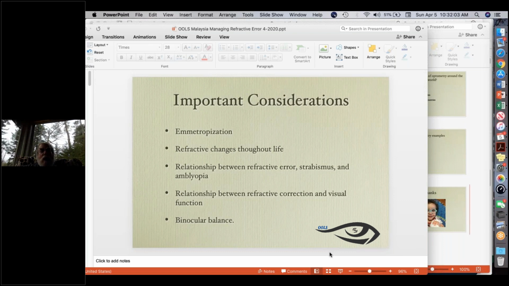It's not likely to go away. If you have high hyperopia at 3 years of age, you have a normal accommodative system, then it's more likely than not that the hyperopia is going to reduce over time, and that child is not going to fall victim to an accommodative esotropia that could develop at that point in time.